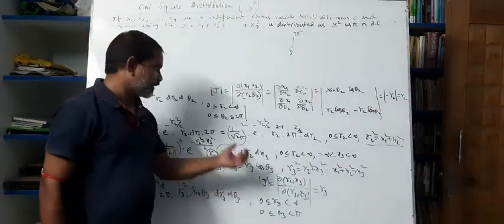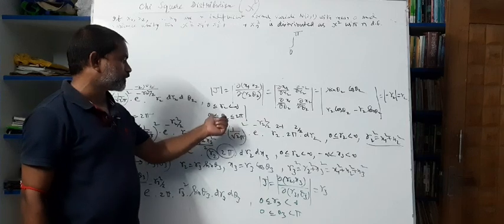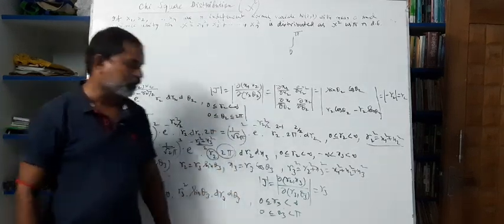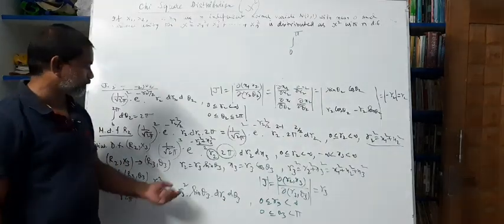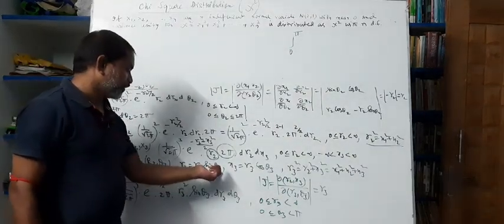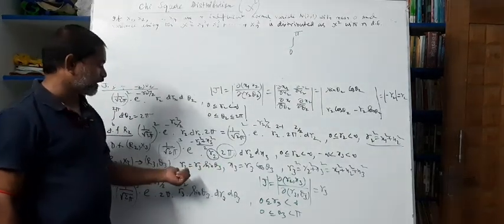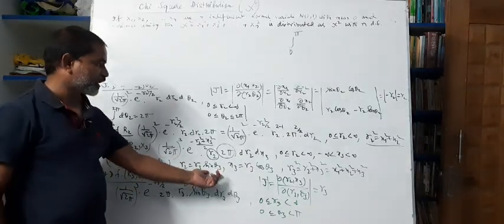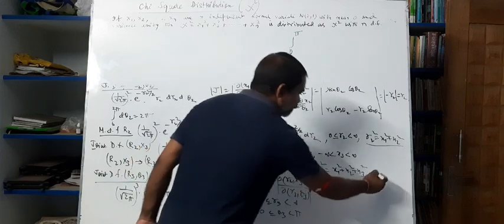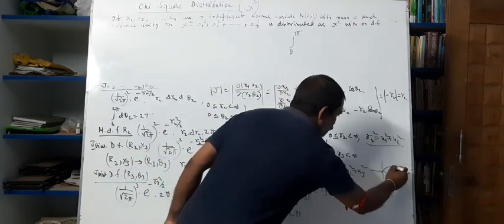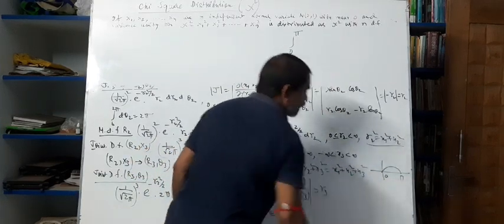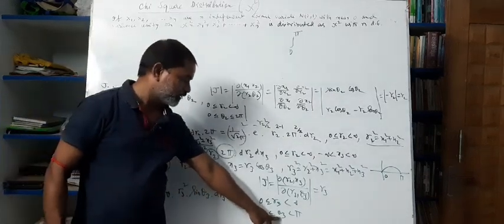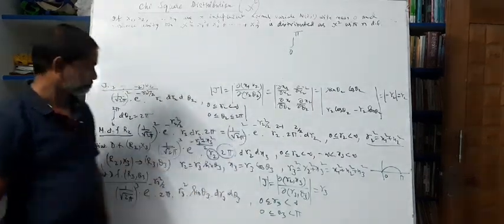You can see that theta 2 varies from 0 to 2 pi, but theta 3 varies from 0 to pi. Why? Because sin theta 3 equals R2 by R3, and both R2 and R3 are positive. Therefore, sin theta 3 is positive, and from the sine function, the positive value gives 0 to pi. So theta 3 varies from 0 to pi.